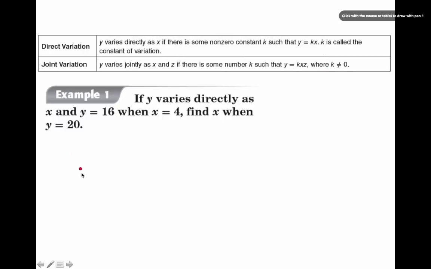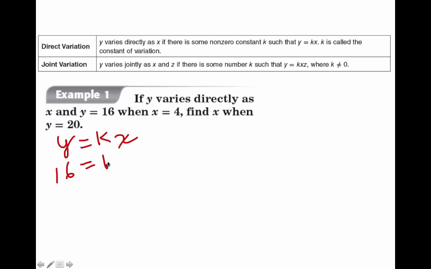So there's two ways I said you could do this. If you know that it varies directly and they told you that, you immediately have to start by introducing this variable k. It says when y is 16, then x is 4. We can solve this by dividing by 4, and k is 4.